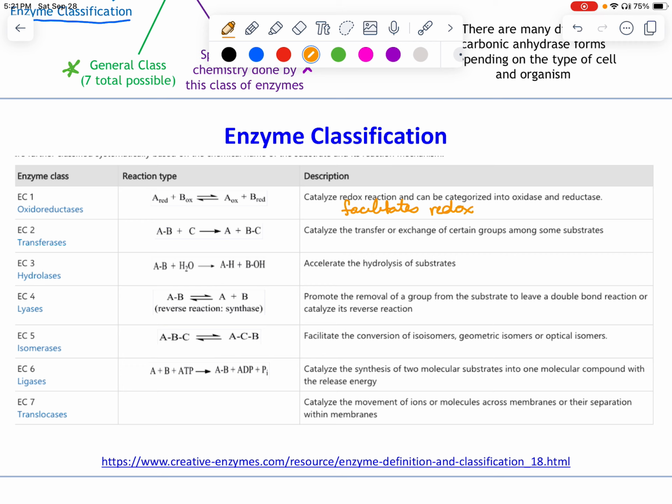When we look at transferases, it's what that sounds like. They're going to transfer a group from one substrate to another. Hydrolases, it's talking about adding water, which generally causes a bond to break.